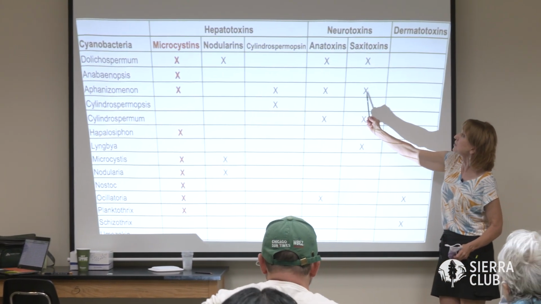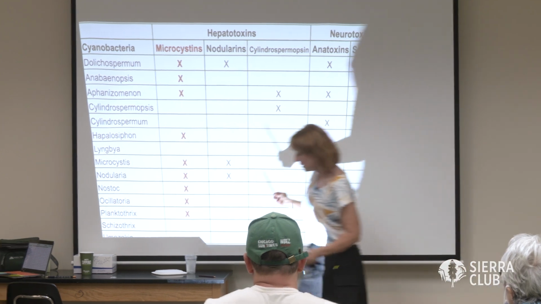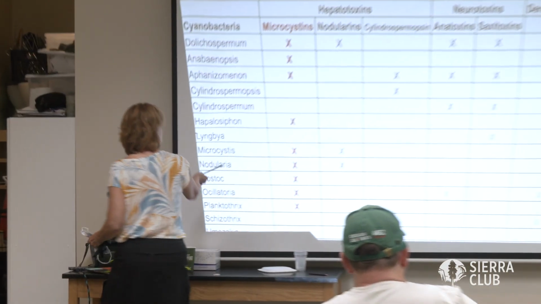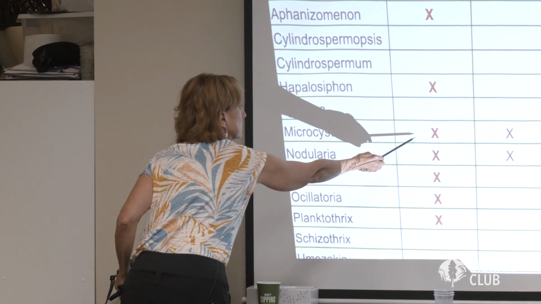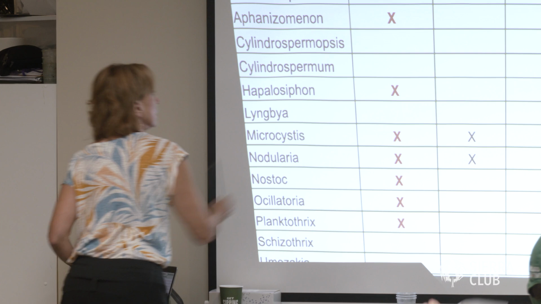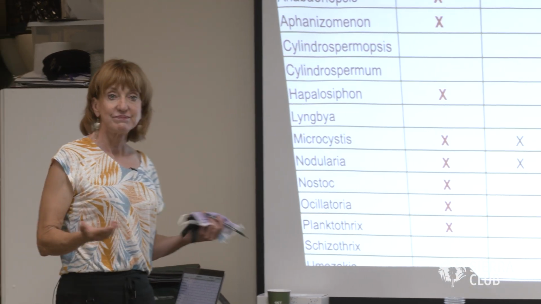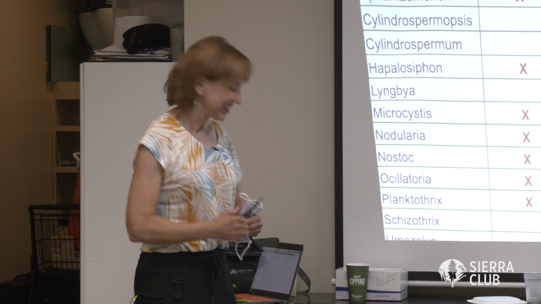And then down here, we've got Microcystis, which produces microcystins and also nodularins. So that's it. That's all I've got.